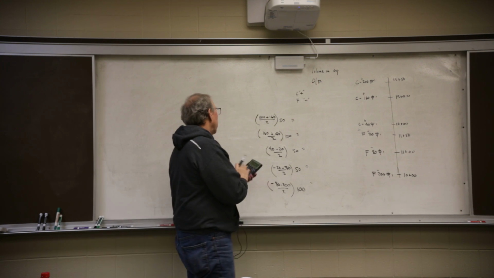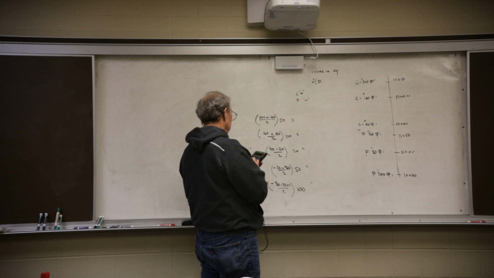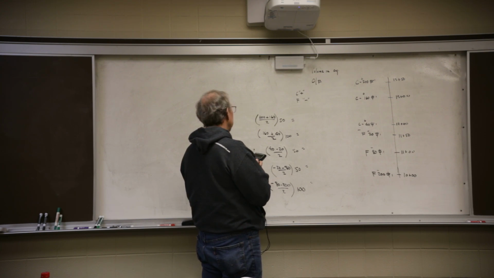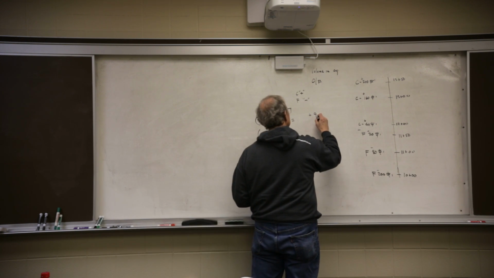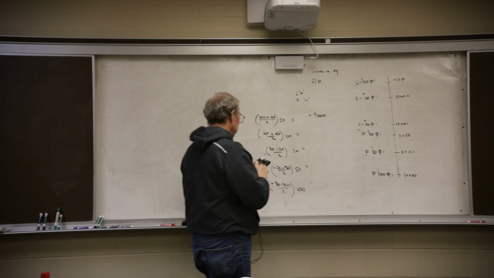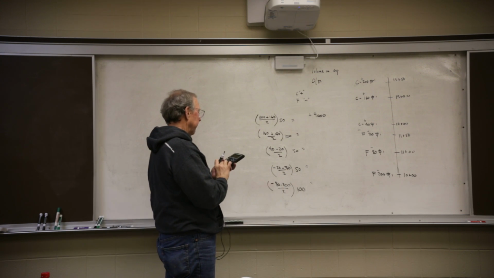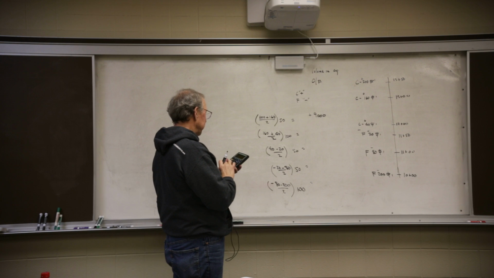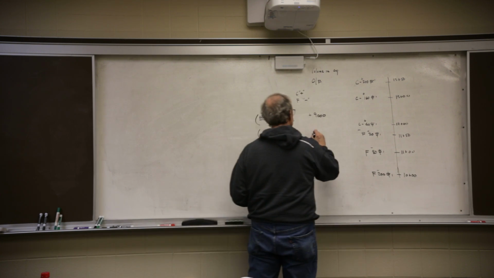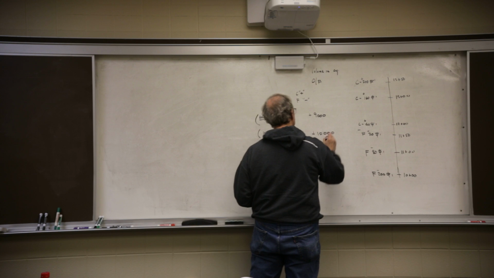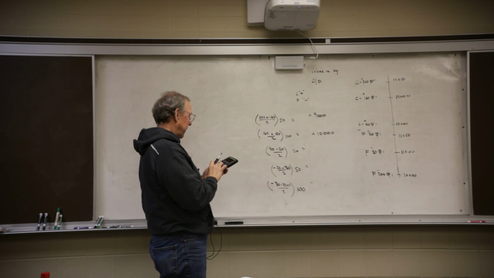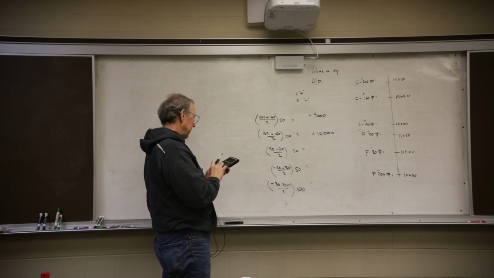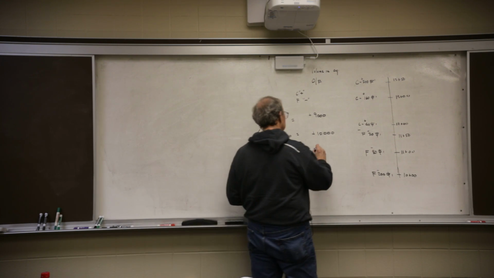You take the 200 and add it to the 160. 200 plus 160, divide that by 2, multiply it by 50. Plus 9,000. 160 plus 40 divided by 2 times 100, 10,000. 40 minus 20 divided by 2 times 50, 500.